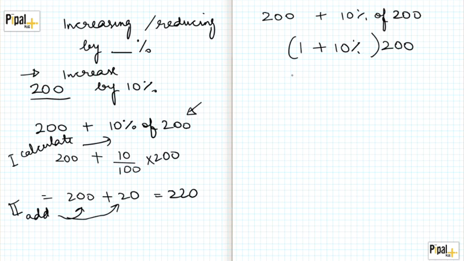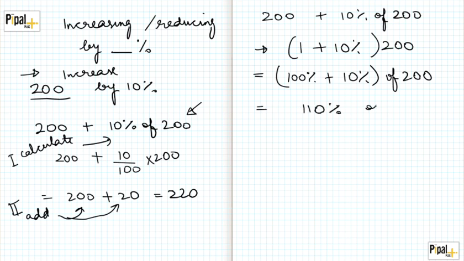Now I know that 1 is equal to 100%. So this thing becomes equal to 100% plus 10% of 200, which is nothing but 110% of 200, right?